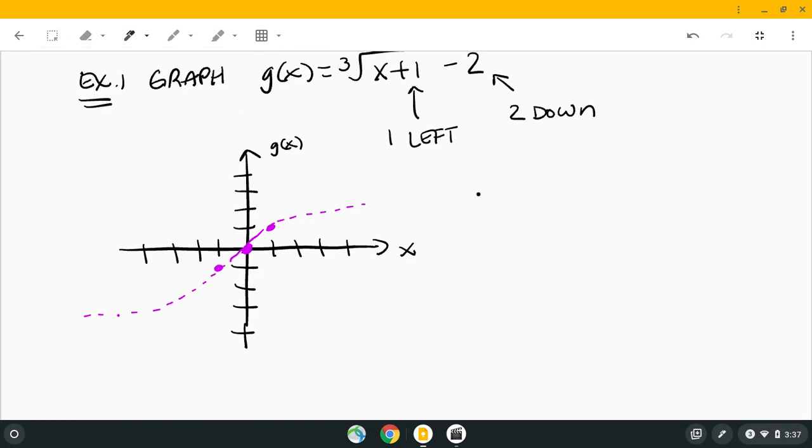I'm going to take each of these points and shift them 1 to the left and 2 down. This second point here will go 1 to the left and 2 down. And this point over here will go 1 to the left and 2 down. Okay, so now my graph looks like this.